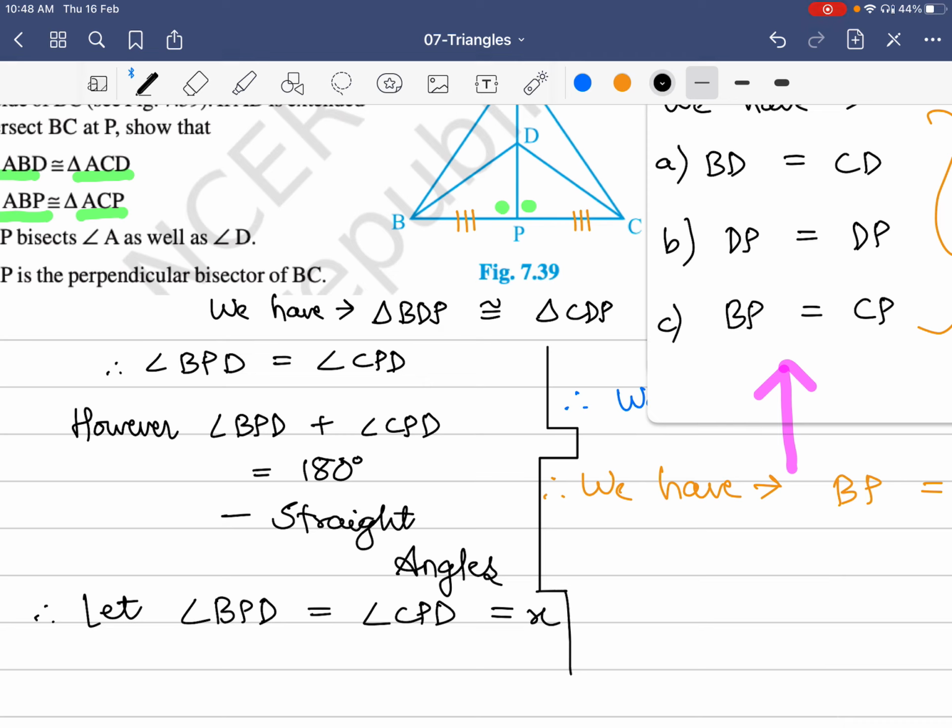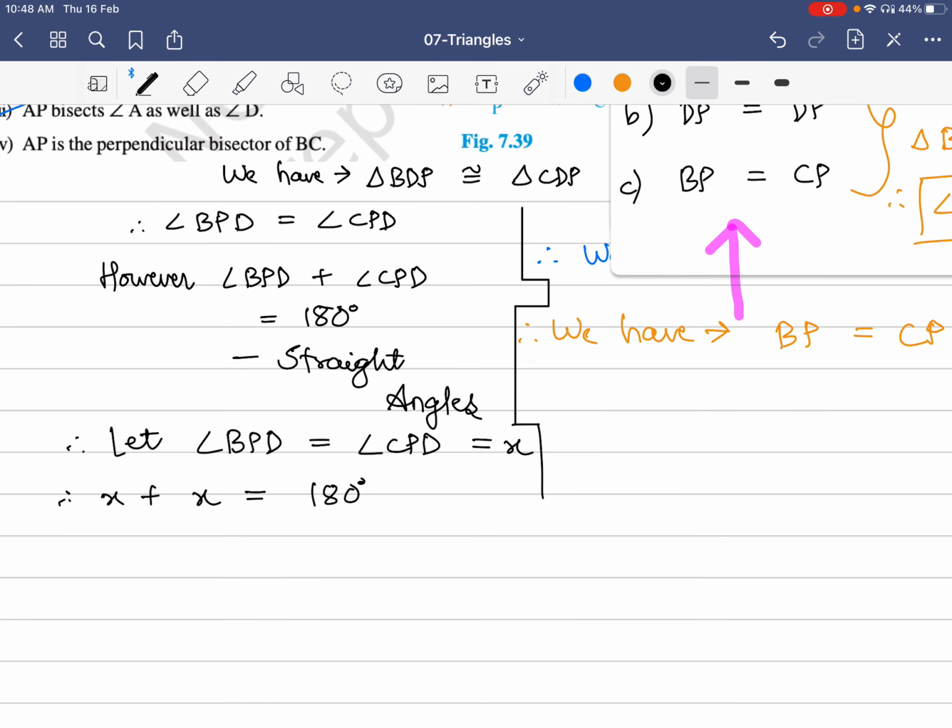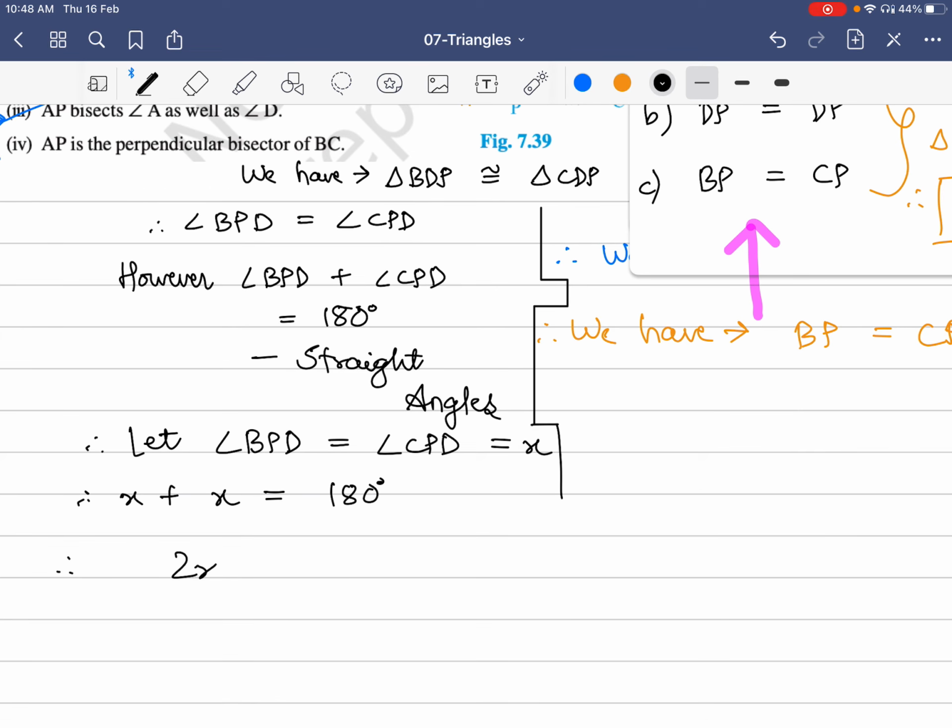Then I'll get x plus x is equal to 180 degrees, and therefore 2x is equal to 180 degrees, so x is equal to 180 divided by 2, which is equal to 90 degrees.